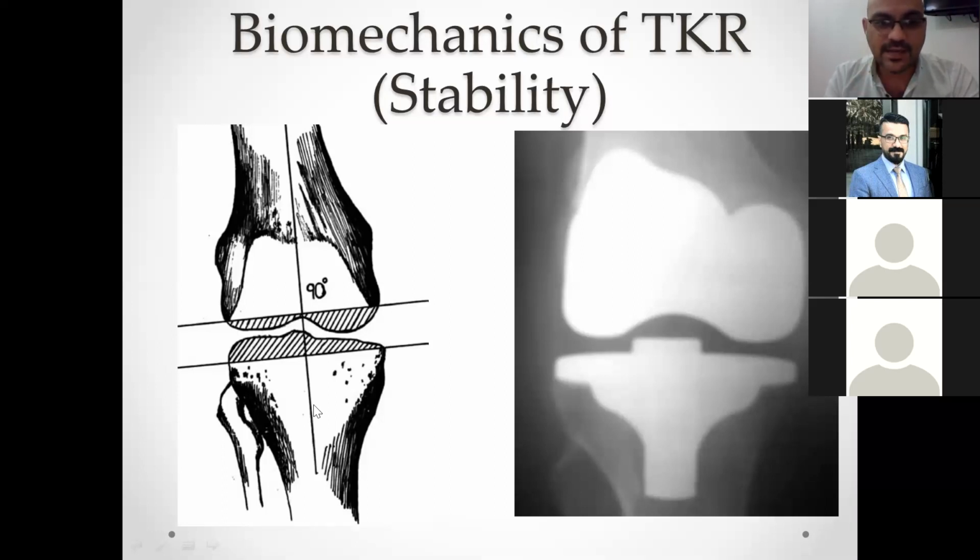You can see that the knee is almost in valgus and the femur in varus, and it is not perpendicular or parallel to the joint line. Our goal in total knee arthroplasty is to restore the joint line level and orientation.